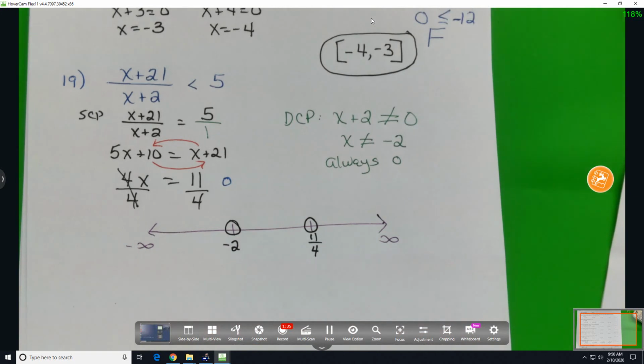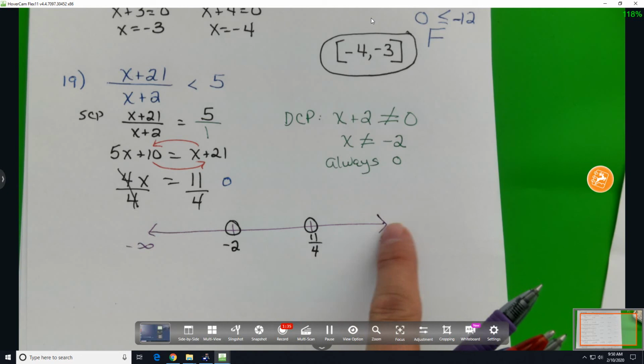So, -2 and 11 over 4 are our cut points. You could test something like -3, -4, -5. If you wanted to test over here, maybe 3, 4, 5, 6, 7, 8, 9, something like that.